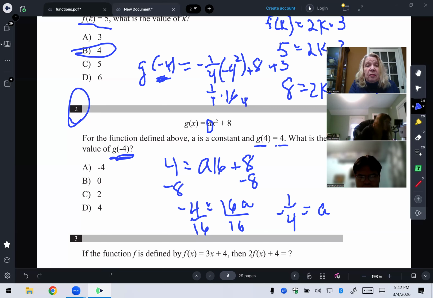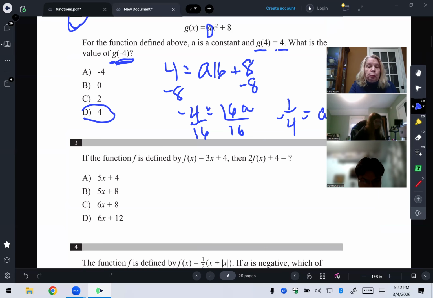But it'll be a negative 4 because there's a negative here. Negative 4 plus 8, and I'll get 4. Sorry. Okay. So is that one good? Okay, good.